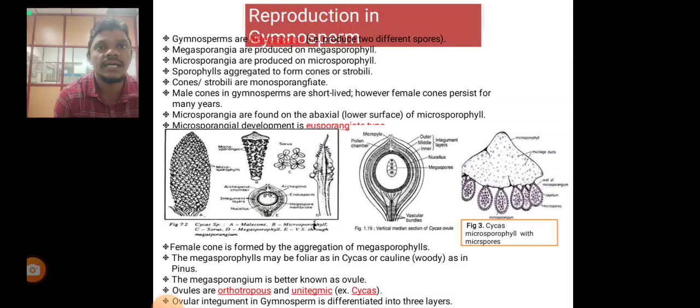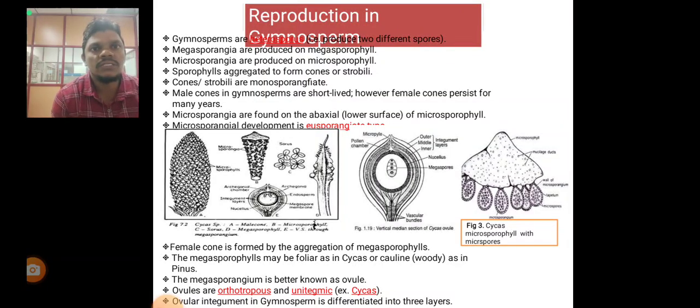The sporophylls are aggregated to form cones or strobili. The cones are unisexual. Male cones are short-lived; however, female cones persist for many years. Microsporangia are found on the lower surface of the microsporophyll. Microsporangial development is eusporangiate.